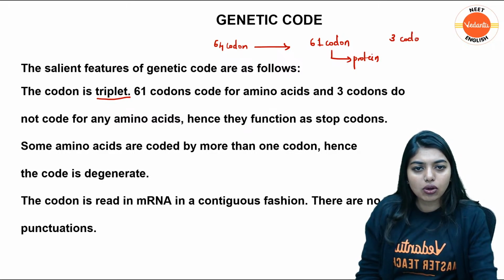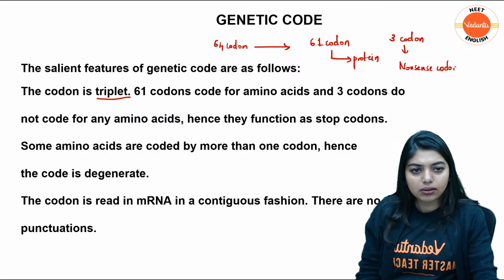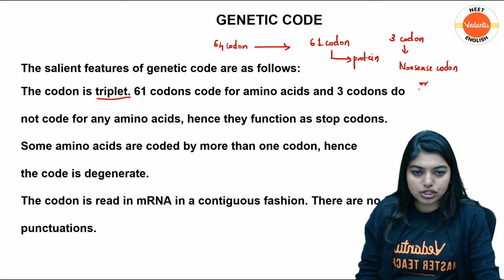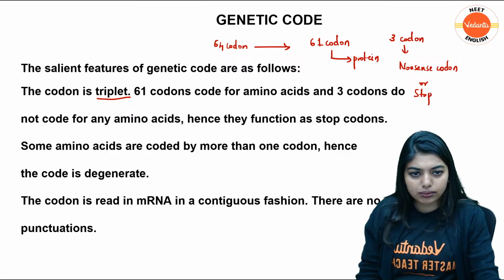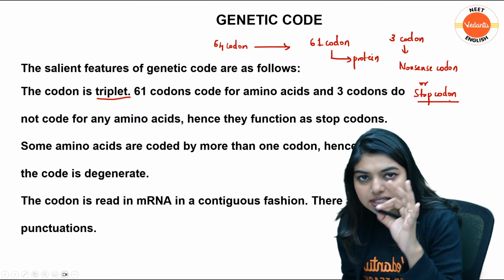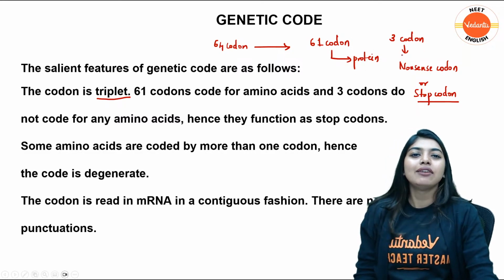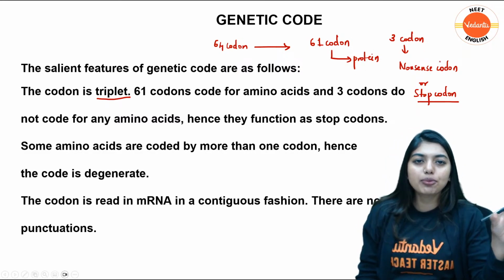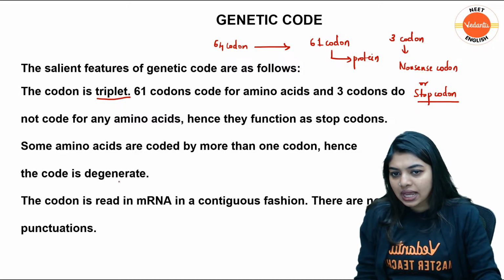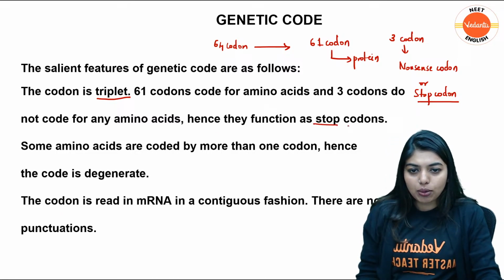Those 3 codons are called nonsense codons or stop codons. So out of 64 of them, 61 will code for protein and 3 of them become stop codons or nonsense codons. Hence they function as stop codons.